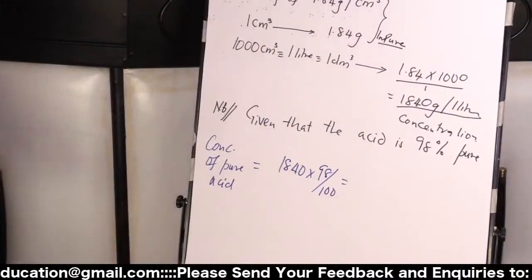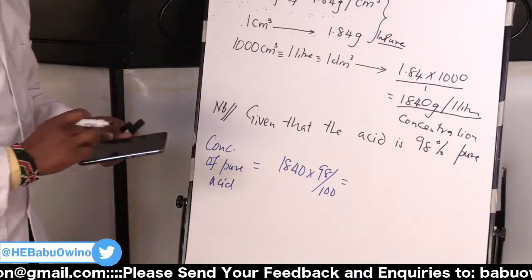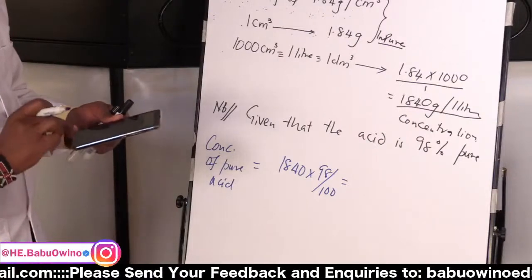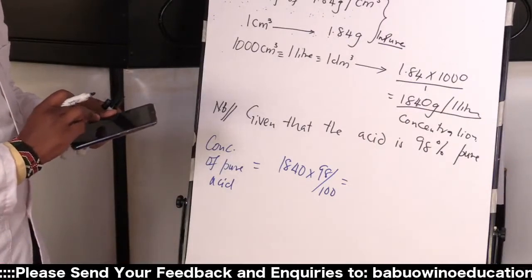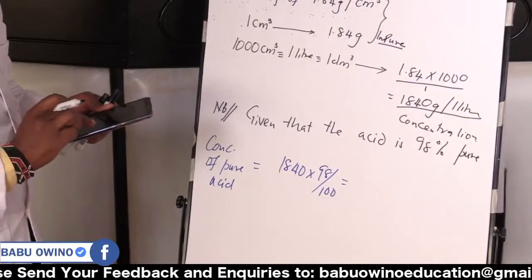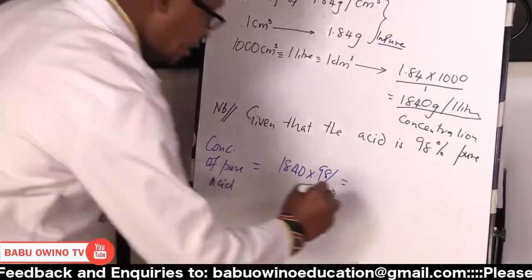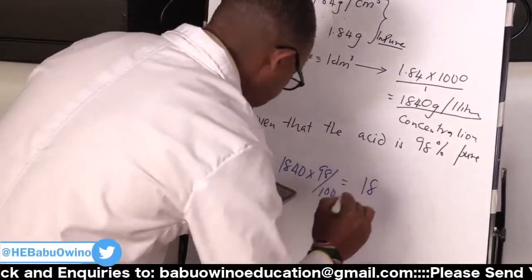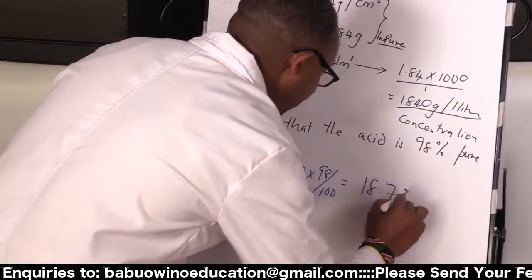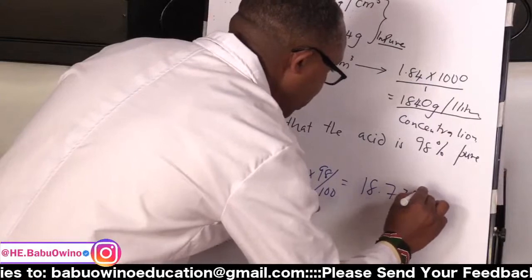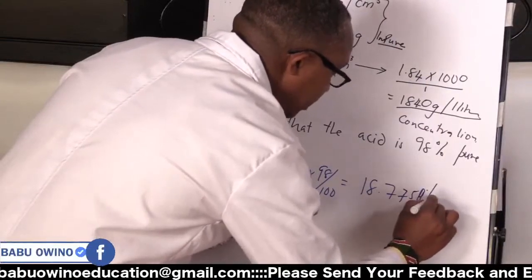Take 1 minute of your lesson and work it out, as I work it out as well. This is 1840 divided by 98, giving us, according to mine, 18.775 grams per liter.